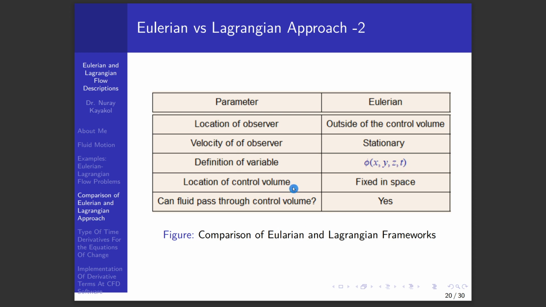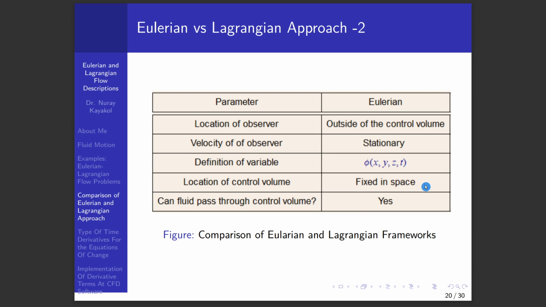Location of the control volume: fixed in space, because when we mesh the geometry, you define the control volumes, or you define the number of elements. That means you fix the control volumes. Can fluid pass through the control volume? The answer is yes. If not, how would you calculate, for example, temperature at a certain x, y, z position?